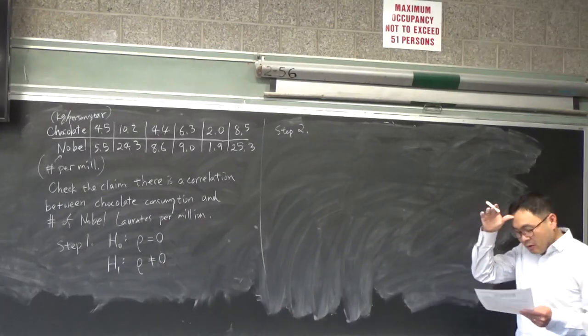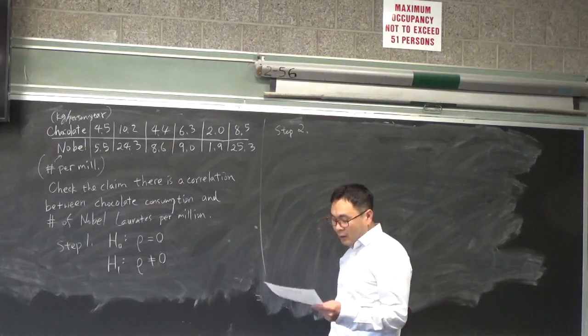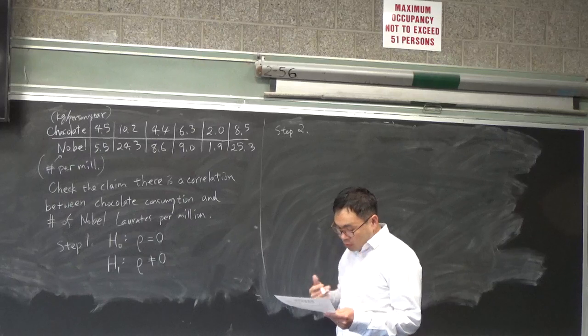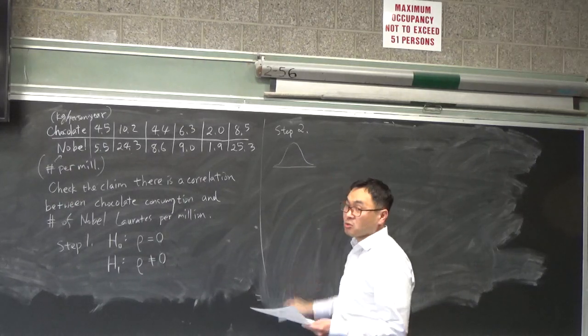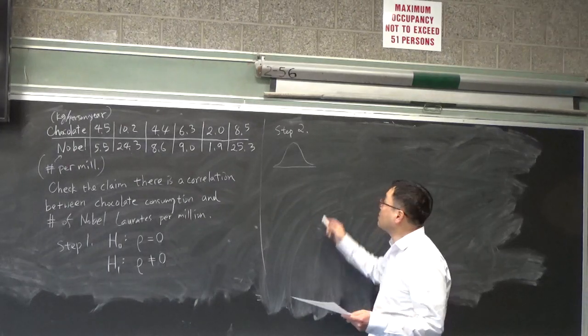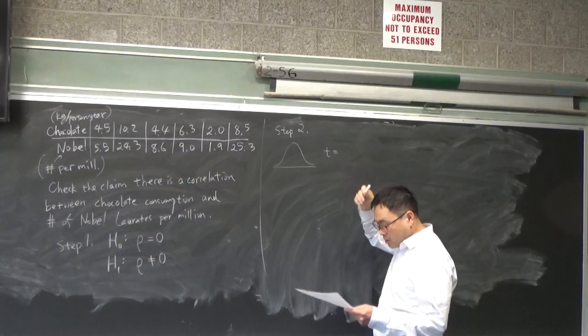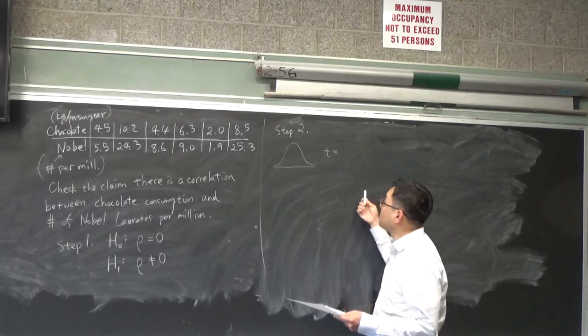Okay, and then in step 2, you would think about the rejection region, right? When you talk about the rejection region, you have 2 options. There's one way to use the t distribution, the t-test, where I think it was Pearson that first proved this.